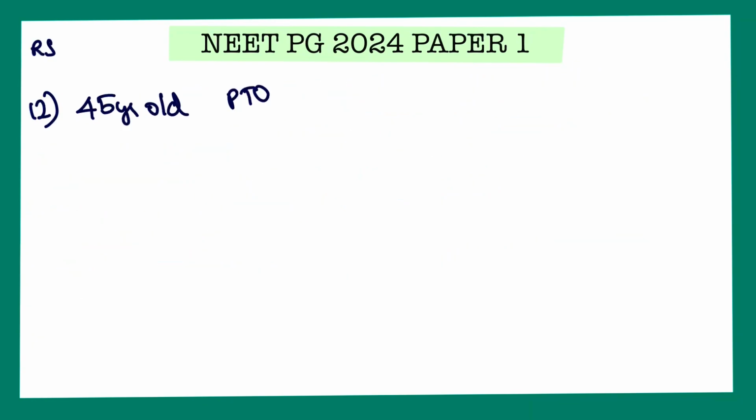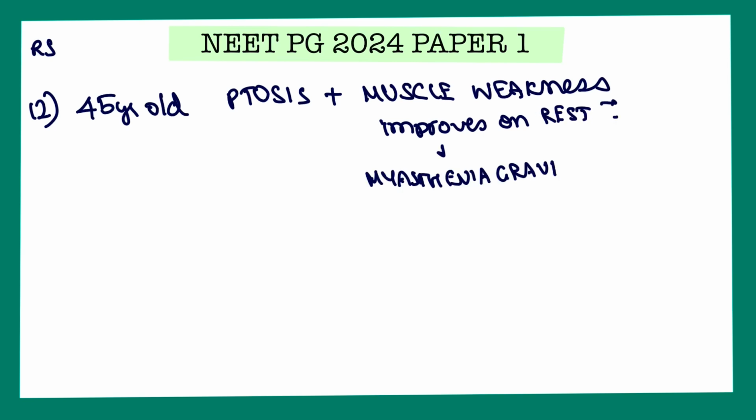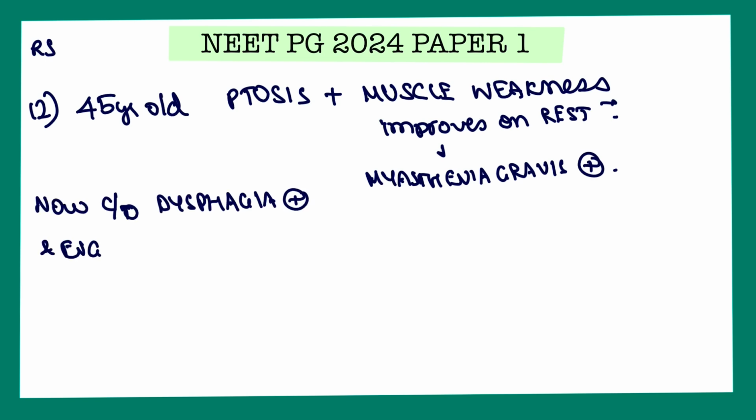Next question, a 45-year-old patient having ptosis and muscle weakness that improves on rest, and it is given to be myasthenia gravis in the question also. Now the patient is complaining of dysphagia and engorged veins over the thorax. CT was suggestive of an anterior mediastinal mass lesion.